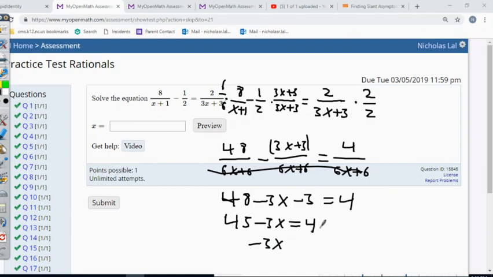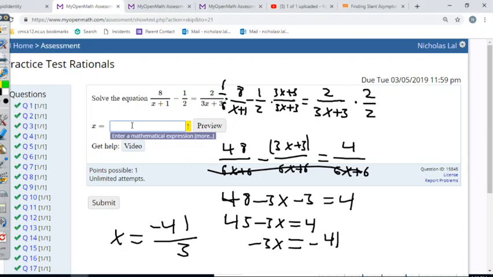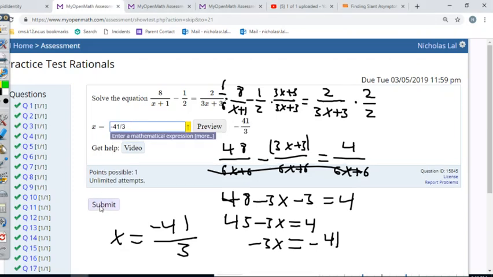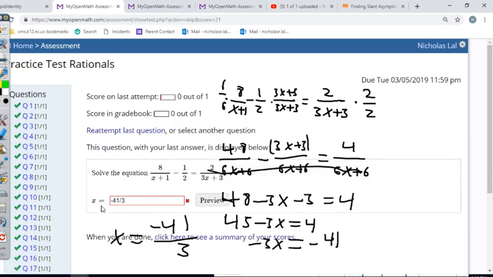Negative 3x is equal to, subtract 45, is equal to negative 41. So x is equal to negative 41 thirds. All right, that's what I'm going for. All right, I made an algebraic mistake there. I'm going to try again.